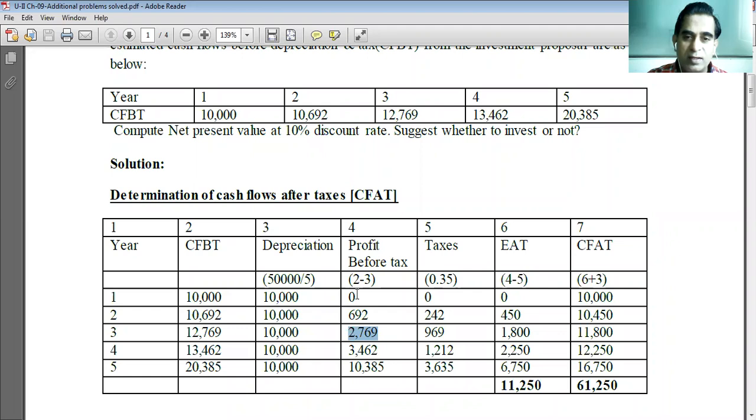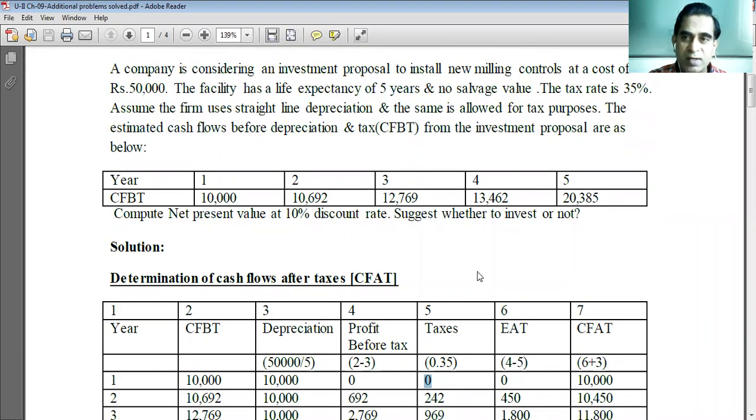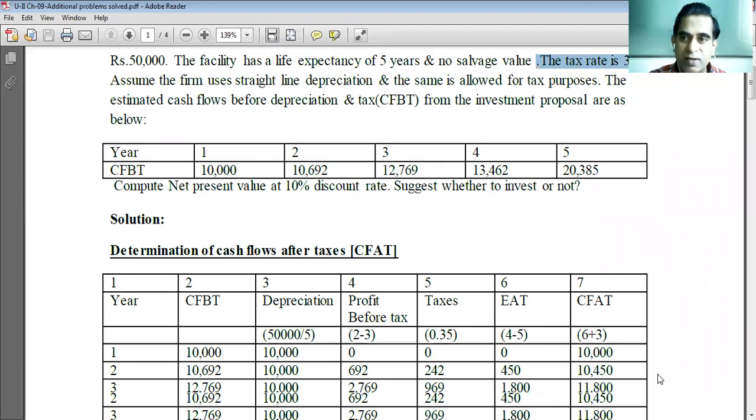Okay, so since the taxable income is 0 in year 1, taxes are also 0 in year 1. The tax rate is 35%. It is given in the problem, as you can see here.